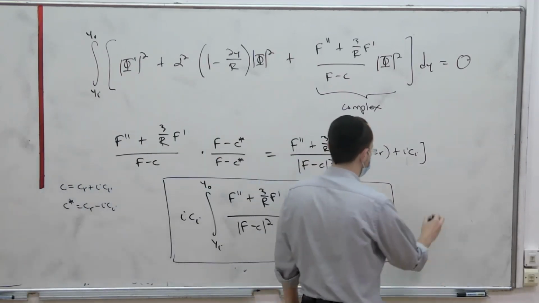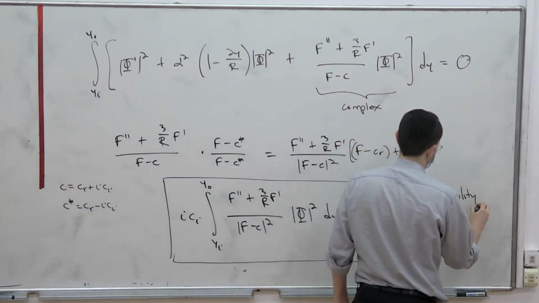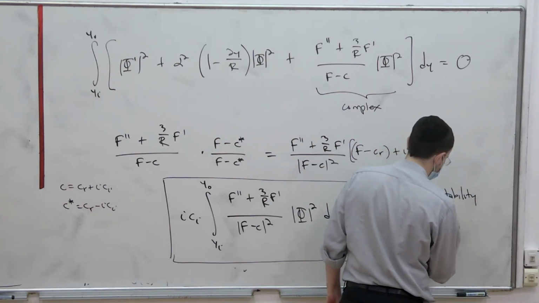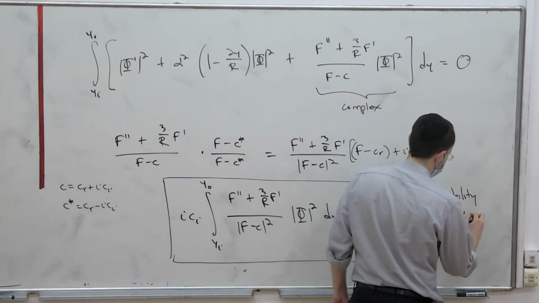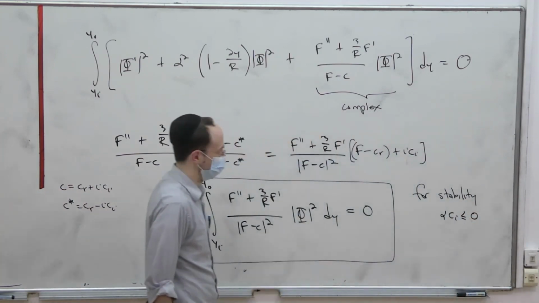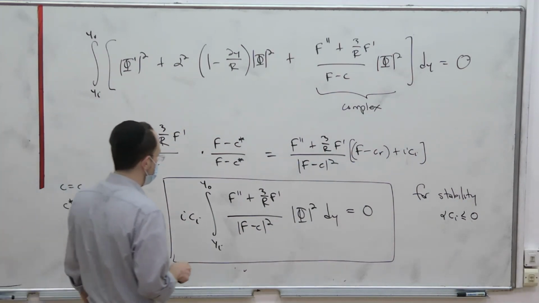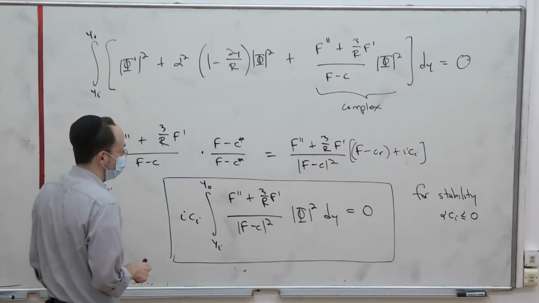Let's remind ourselves, for stability, we said that c_i times alpha had to be less than or equal to 0. So we can essentially ask at this point, under what circumstances is the flow unstable?